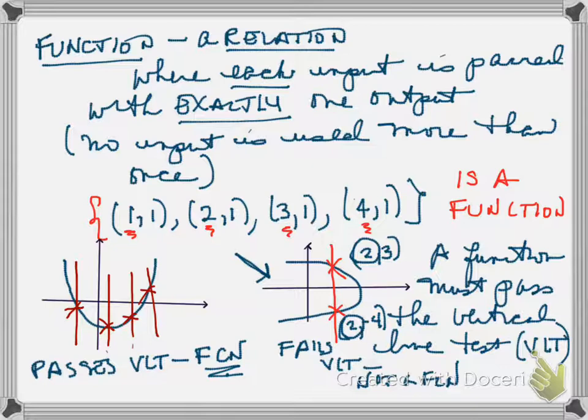Among functions, there are all different kinds of functions that have different sets of restrictions on them. The one that we are interested in this class is the one-to-one function.